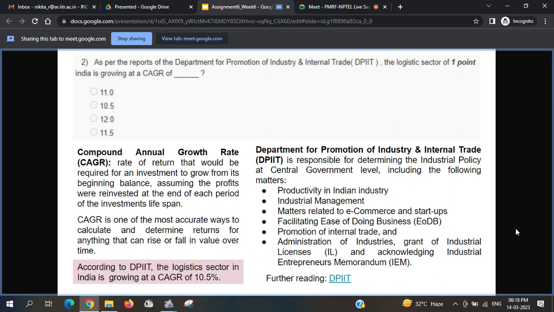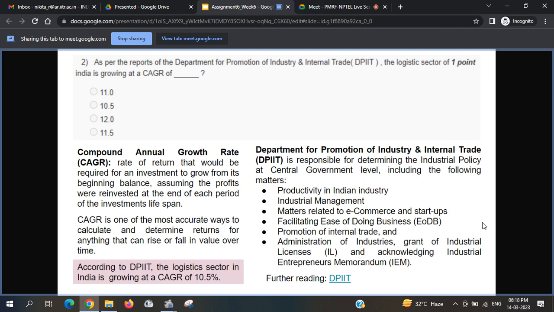The department is responsible for determining the industrial policy in India at the central level, and then it takes care of several matters which include productivity in Indian industries, industrial management in India, then matters related to e-commerce and startups, then facilitating ease of doing business in India, then promotion of internal trade and administration of industries, grant of industrial licenses, and acknowledging industrial entrepreneurs memorandum.